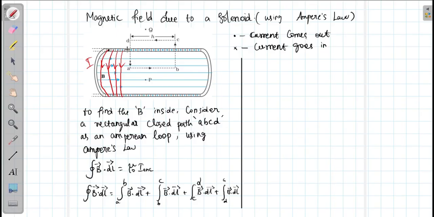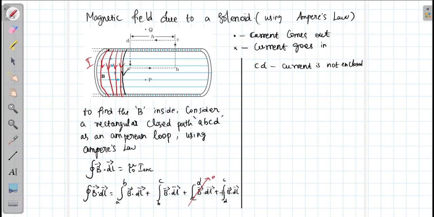I already told you the current is pointing in this direction, so at CD the current is not enclosed. It means that this particular integral is equal to 0.